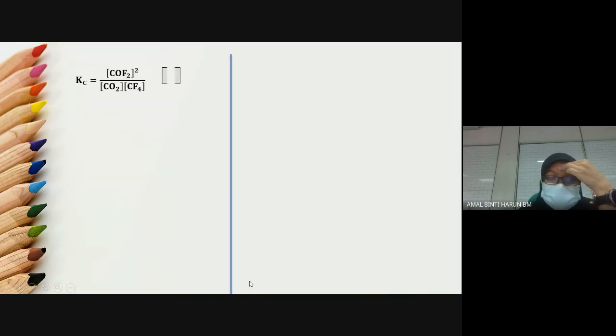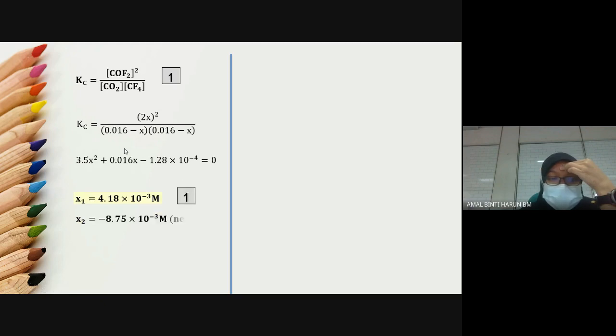So we substitute into our expression. So the X squared expression equals Kc. It is quadratic, so we have two values. If you get a negative value, remember X is a concentration, and there is no negative concentration. That is why the value of X with the negative sign is invalid.